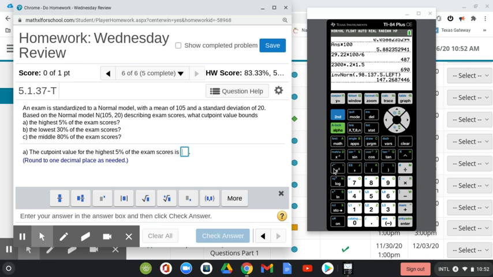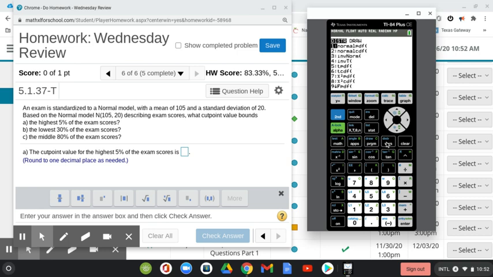So I'm going to go back to second vars, inverse norm, which is 3. And my area here is, I want the left side of 95%. So I'm going to change that to 95.